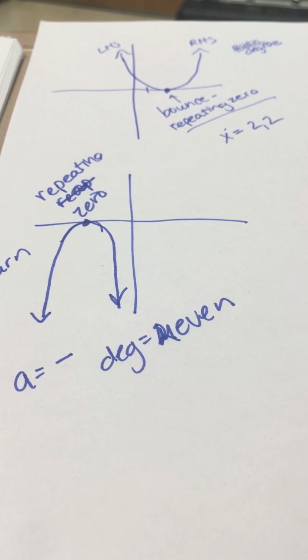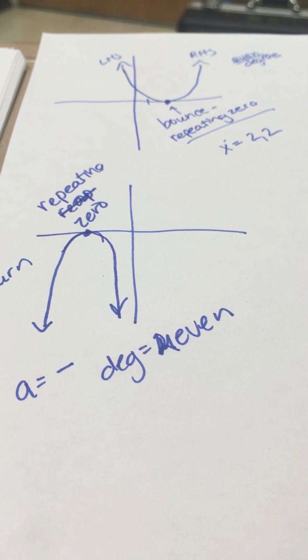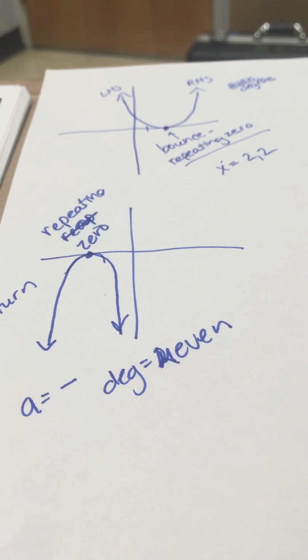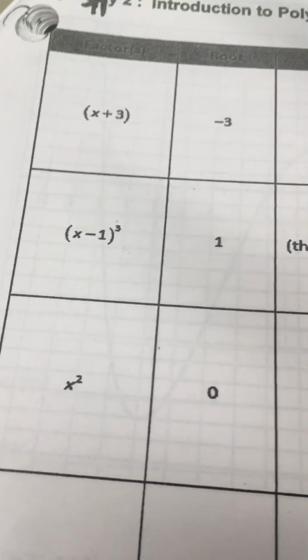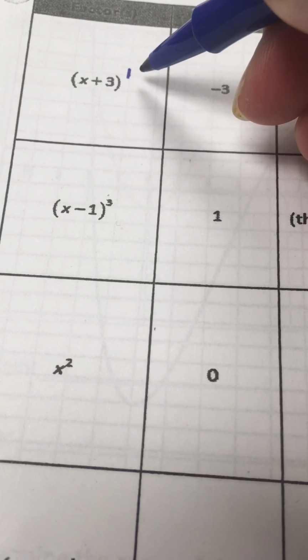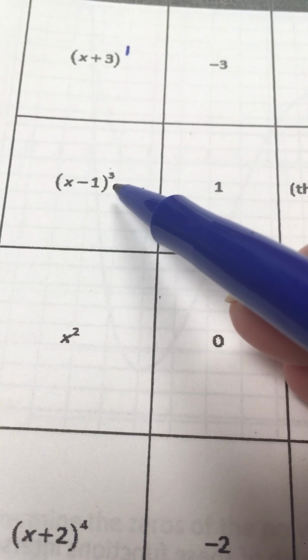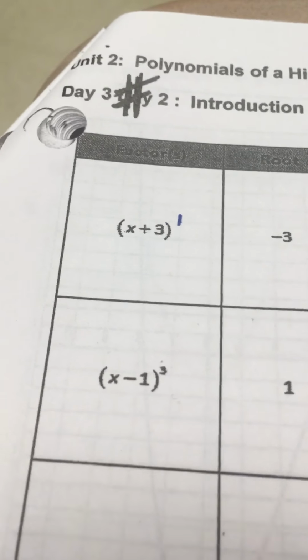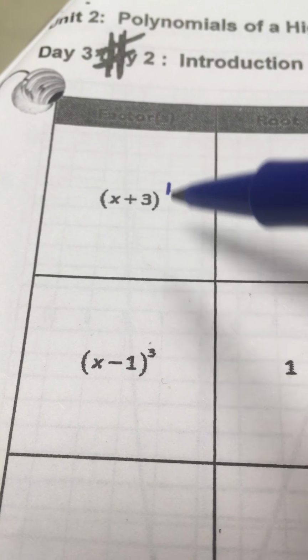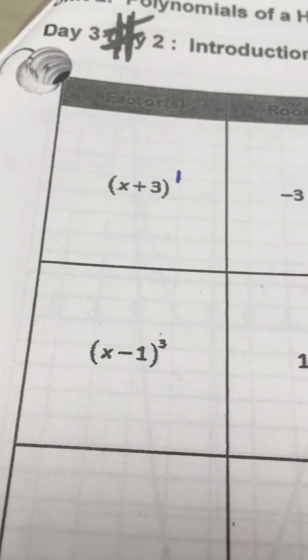So when you get to something a little bit with odds, this is essentially what the chart is talking about. This is degree 1, an odd degree, and degree 3, another odd degree, and then we go into some even degrees. So these two on the top are odd degrees, the first power and the third power.